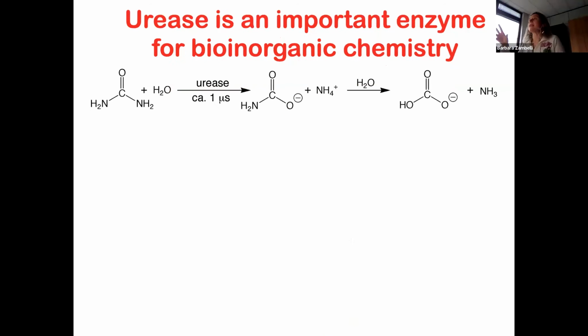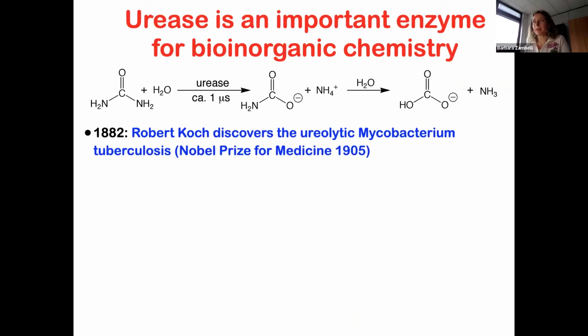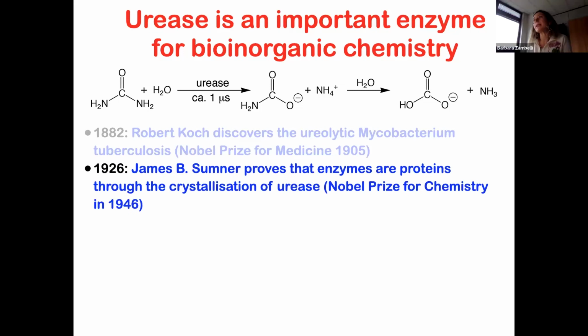Urease is an enzyme that is very efficient. It catalyzes the hydrolysis of urea into carbamate and ammonium, and it's quite important for bioinorganic chemistry. Indeed, in 1882 Robert Koch discovered that Mycobacterium tuberculosis is ureolytic and is the causal agent of tuberculosis. In 1926, Sumner proved that urease is an enzyme by crystallizing it, so he proved that enzymes are proteins.